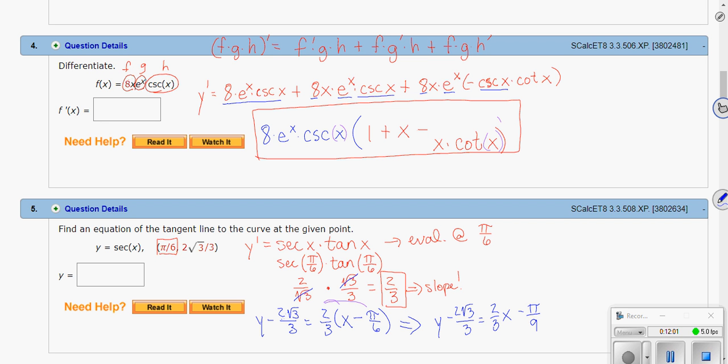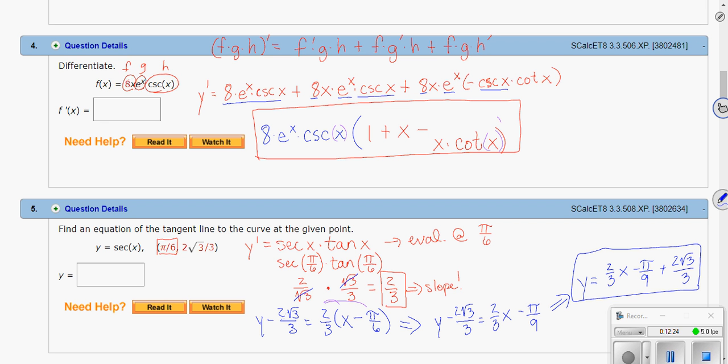If we keep solving for y, we are going to get 2/3 x minus pi over 9 plus 2 root 3 over 3. That should be the equation of my line.